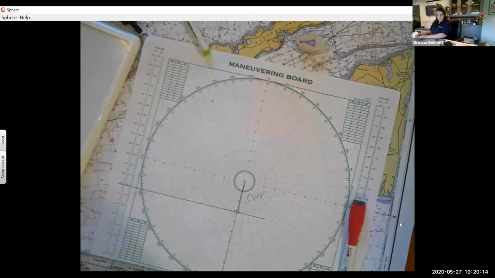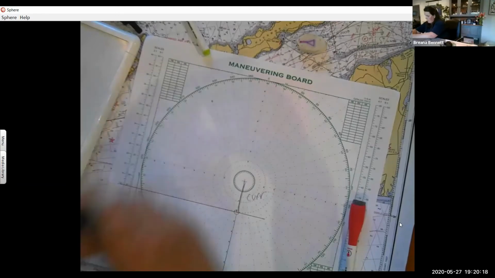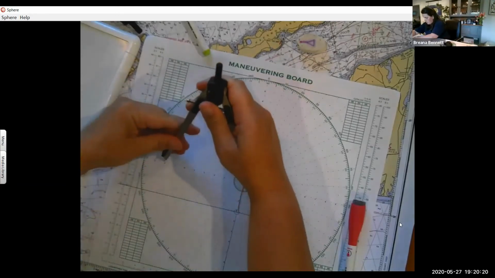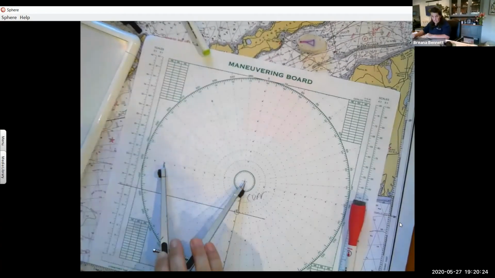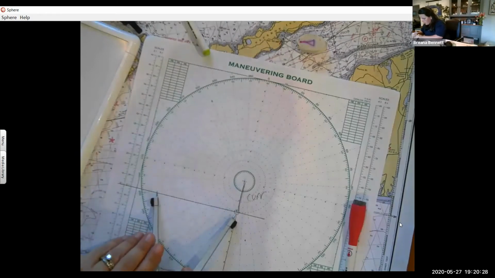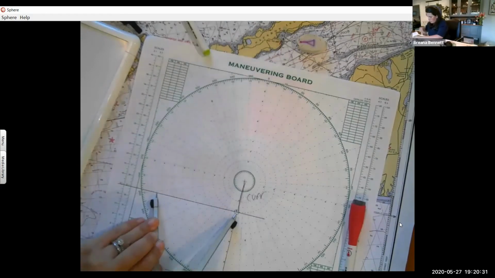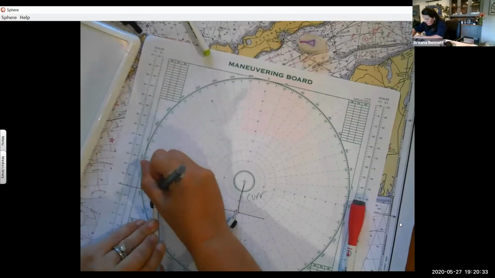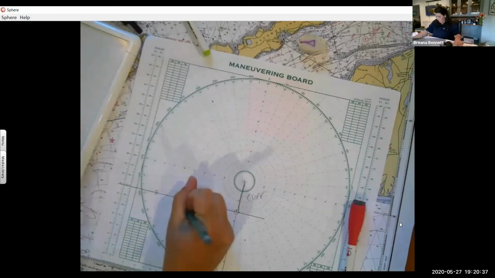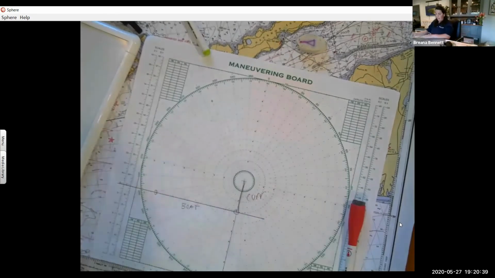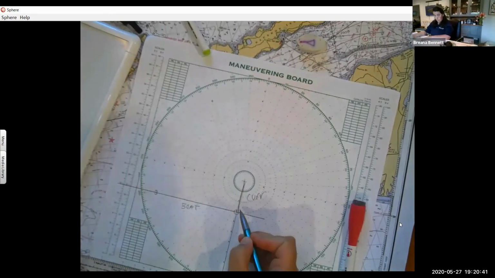So I'm going to draw my line there, and my distance is 8. I'm getting a measurement of 8. I'm going to bring that down. So this is what my boat is doing. This is what my current is doing.